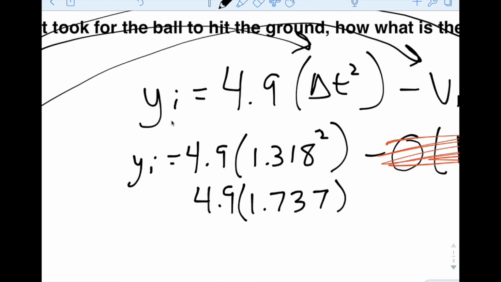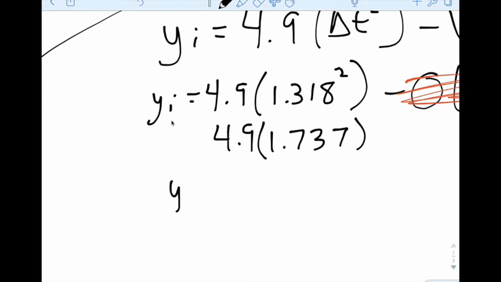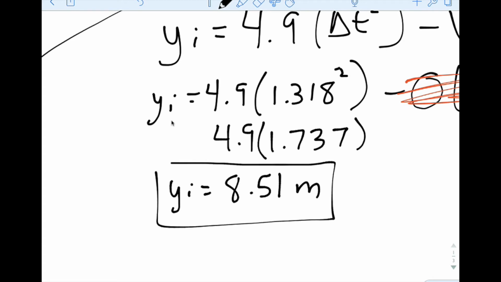So yi equals 8.51, and that is meters. Now at the end of the video here, guys, I'm going to go outside and I'm going to actually measure that, and we'll see how close we ended up coming.